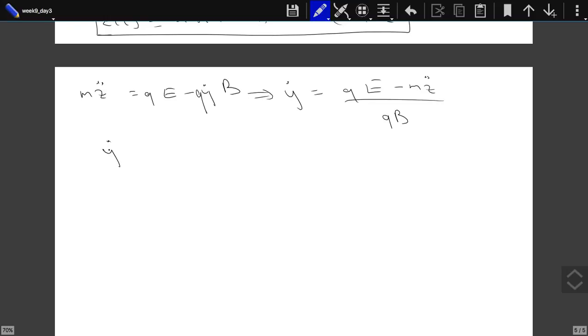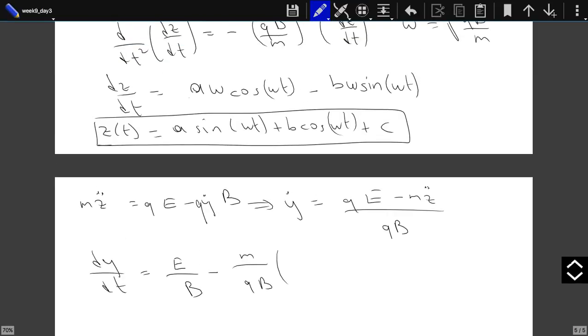So dy by dt is equal to E over B minus m over q b times z double dot. Z is this one over there.